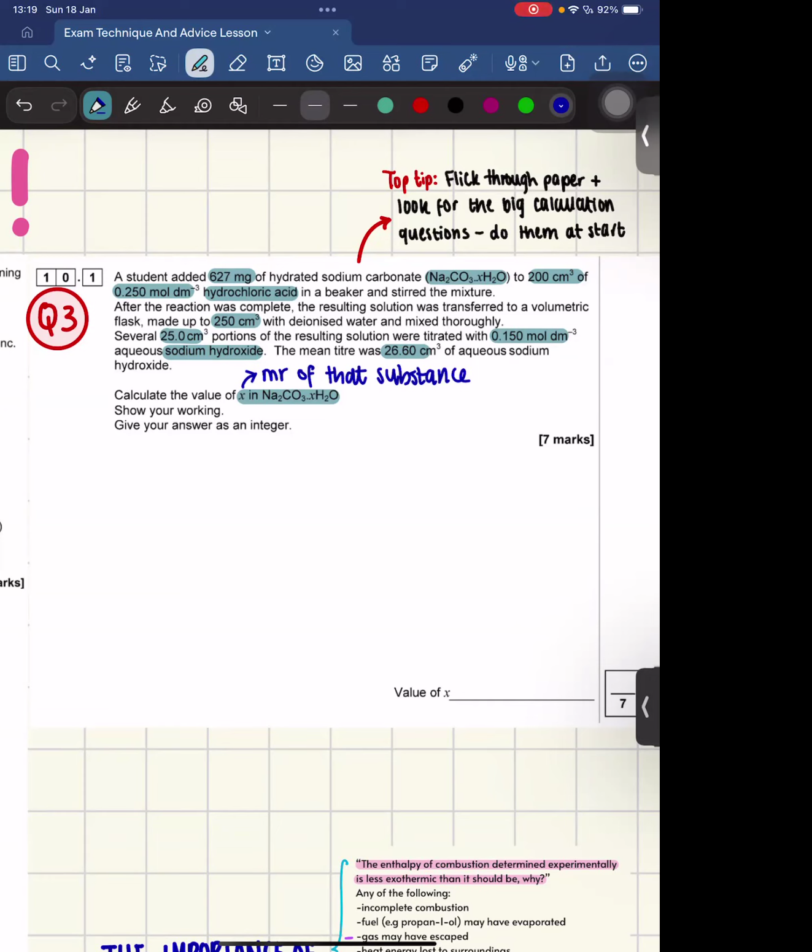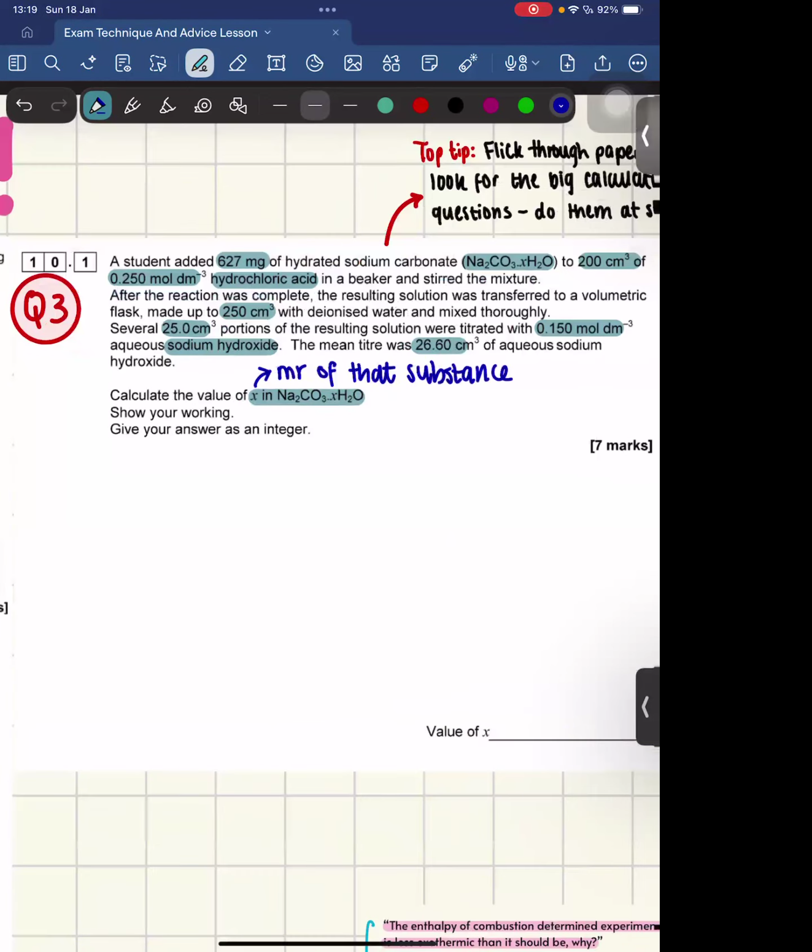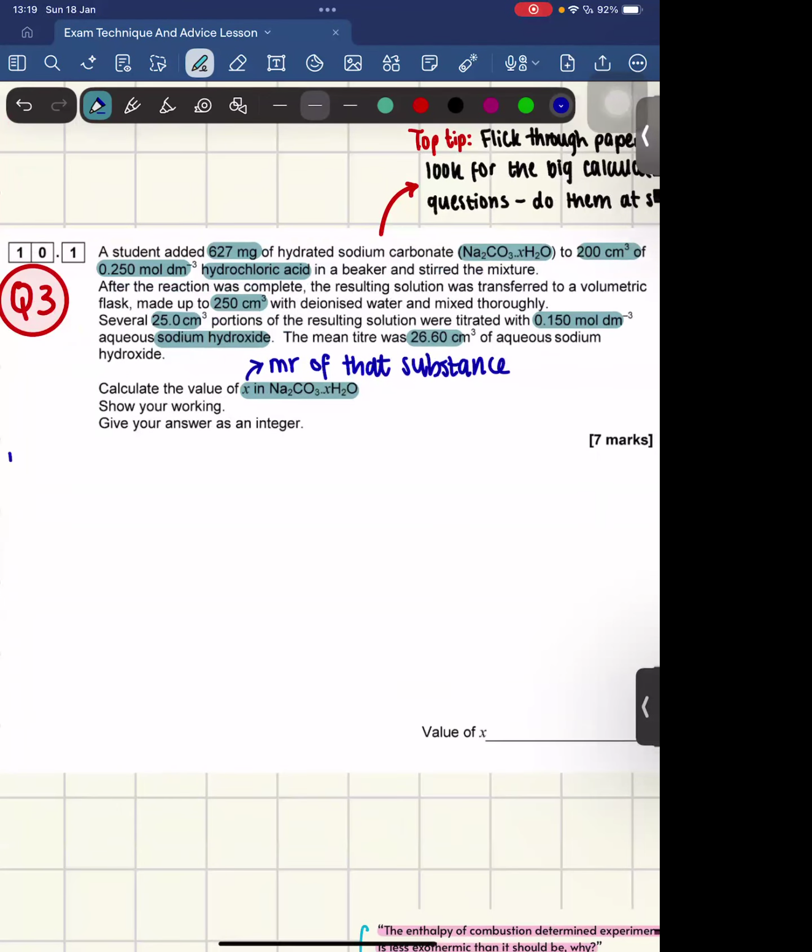So the Mr is our primary goal. Now, another tip for you: 7 markers, 6 markers, anything with big paragraphs of numbers and substances, work backwards, guys, work backwards. This is a massive piece of advice. If you don't know already, please work backwards. What does that actually mean?